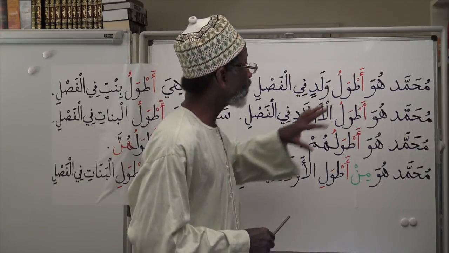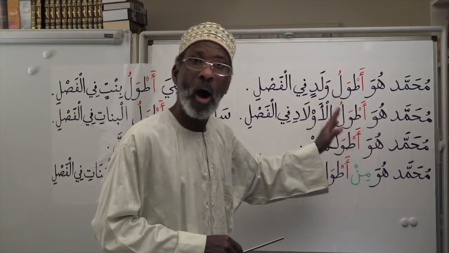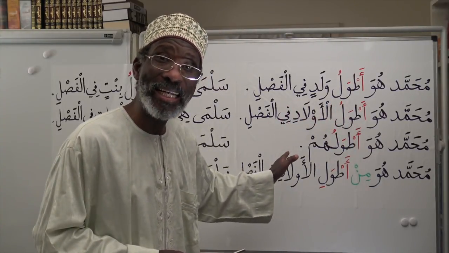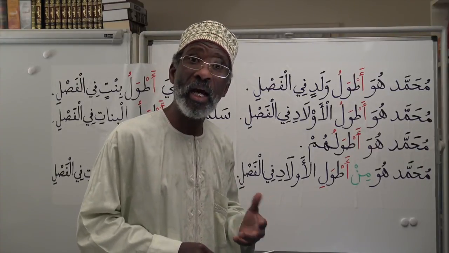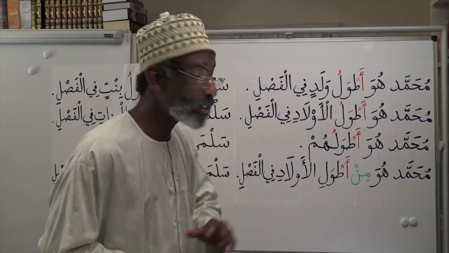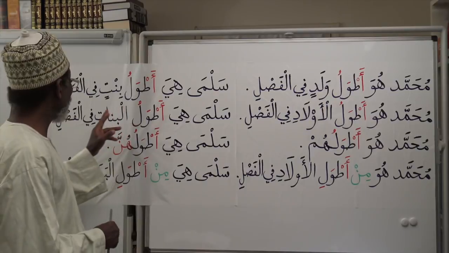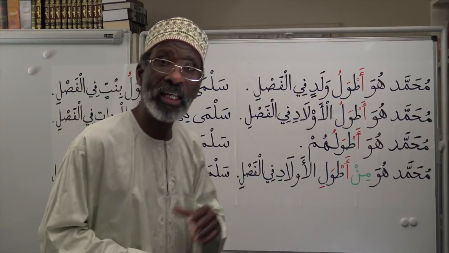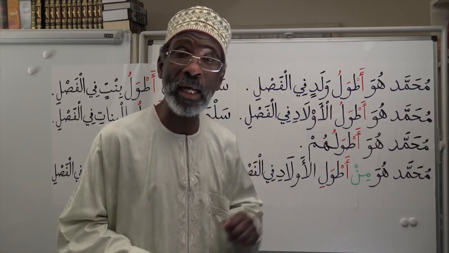Next line. You can achieve the same meaning by saying Muhammad huwa atwalul awladi fil fasli. Muhammad is the tallest of the boys in the class. Salma hiya atwalul banati fil fasli. Salma is the tallest of the girls in the class.